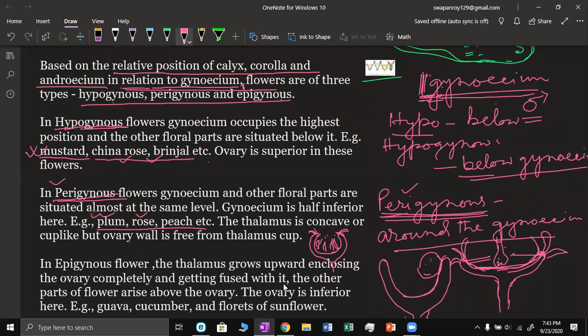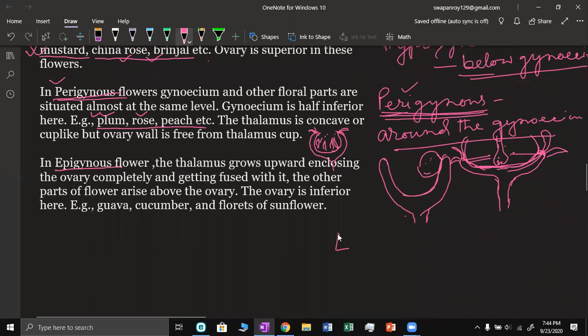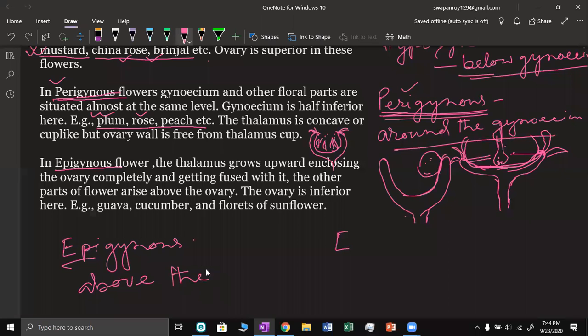And next one is the epigynous. In this case, epi means above. So above the gynoecium, we will see that is the position of the ovary.